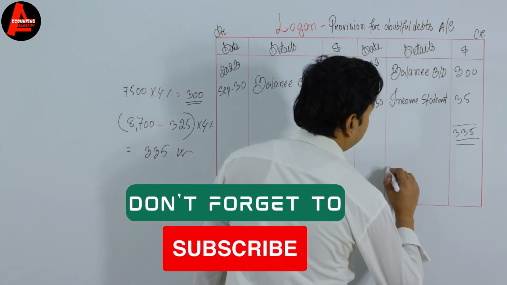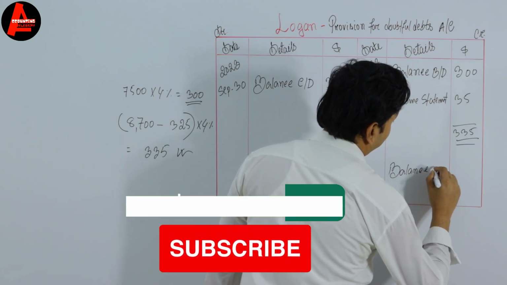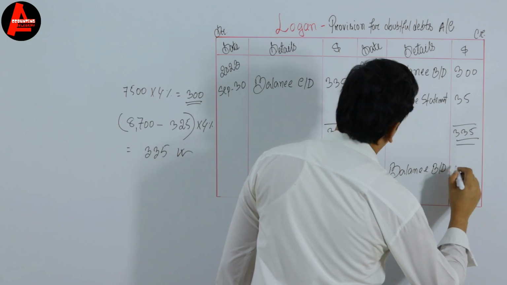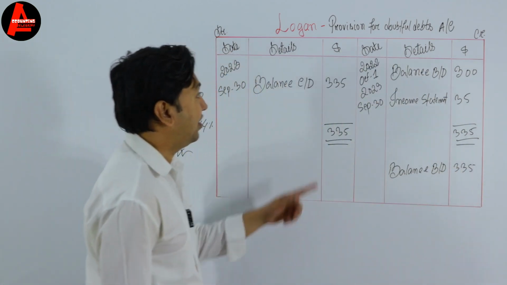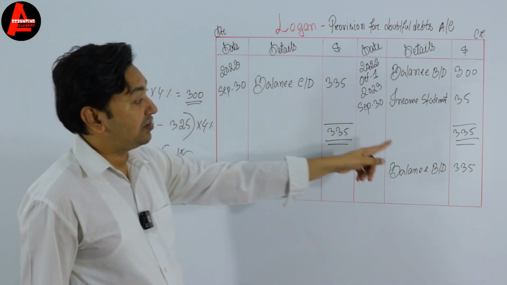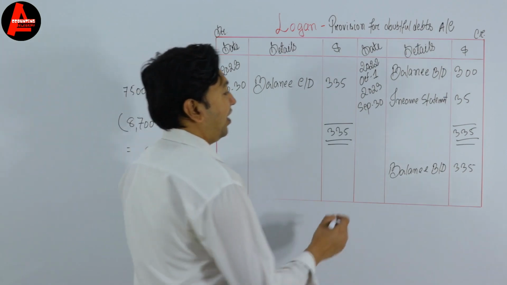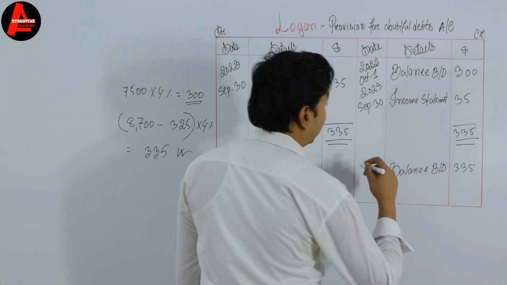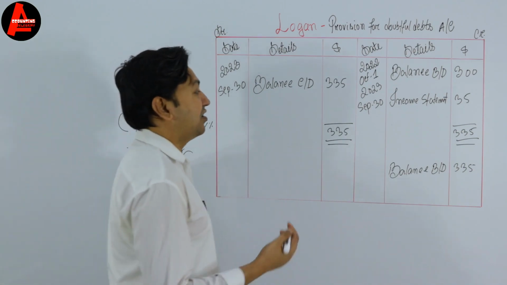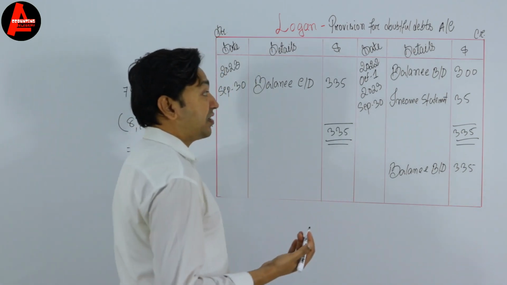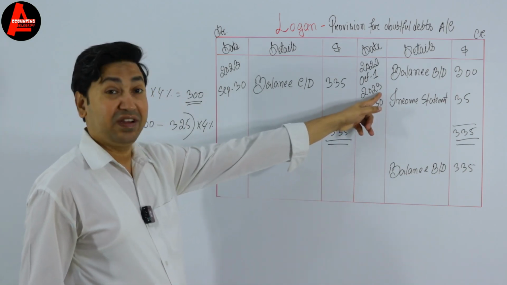So here we will write balance BD 335. Don't forget, balance CD's amount will be exactly the same as balance BD. The date will be the first day of the next financial period. The next financial period starts on 1st October 2023.